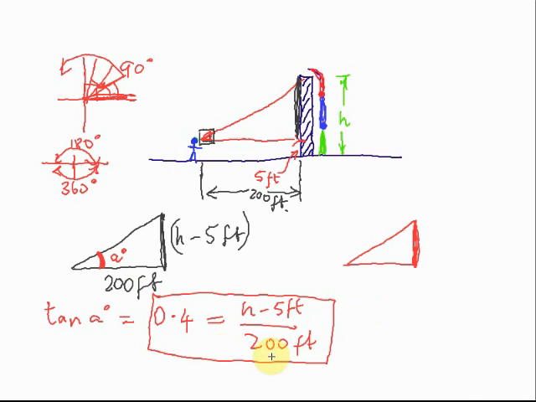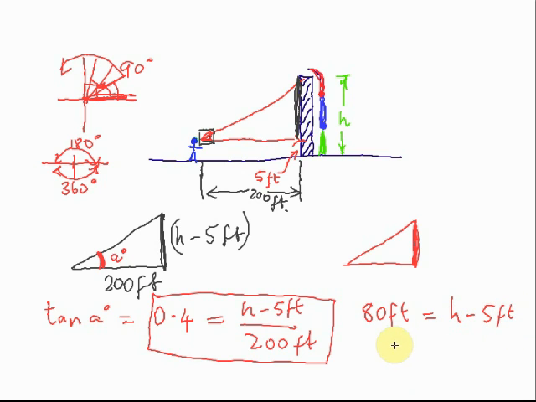And then we have 0.4 times 200 feet. What's 0.4 times 200 feet? Well, it is 80 feet. So on this side now we have 80 feet, and what's h minus 5 feet over 200 feet multiplied by 200 feet? Well, it's simply h minus 5 feet.